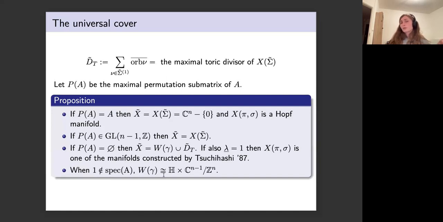In this case, you can show that this stable set that you took in order to close it up is not the full C star n, but an open subset of the form H times C^(n-1) modulo Z^n.